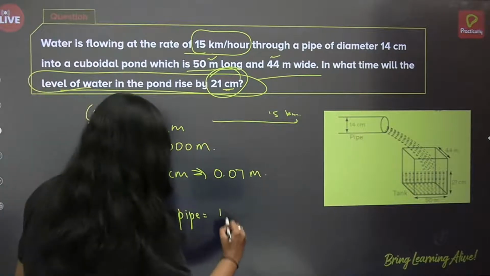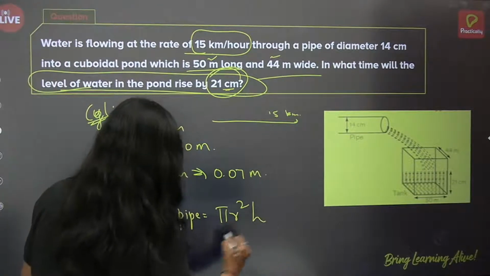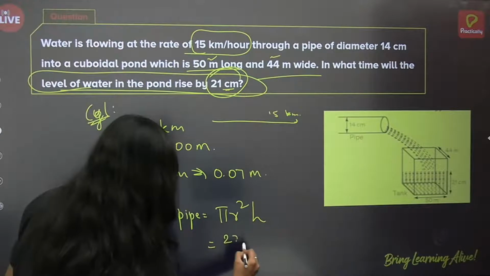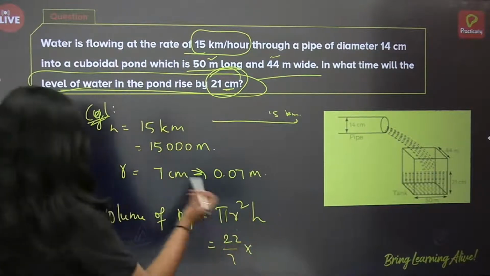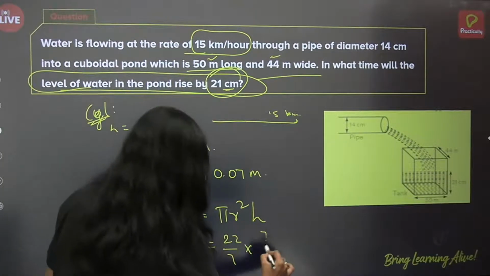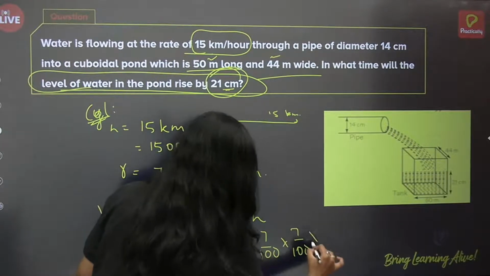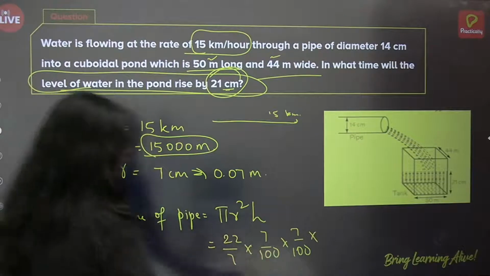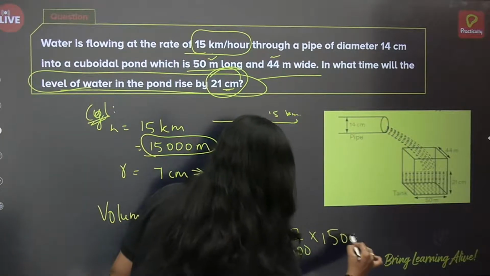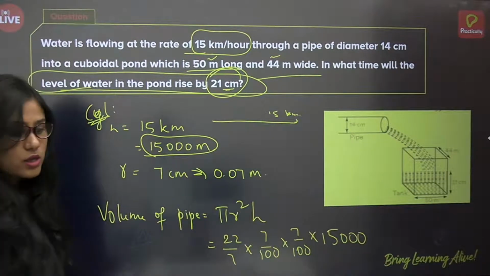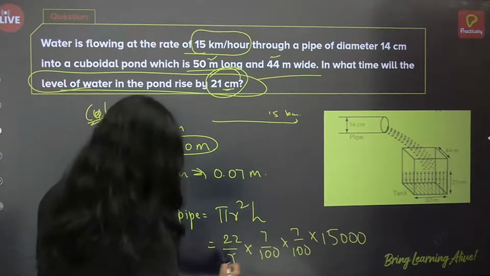Okay, so this is pi r square h. Substitute 22 by 7 into, what is r? 0.07. So 7 by 100 into 7 by 100 into, what is height? 15,000 meters. So 15,000. Okay, let's do the cancellation required.